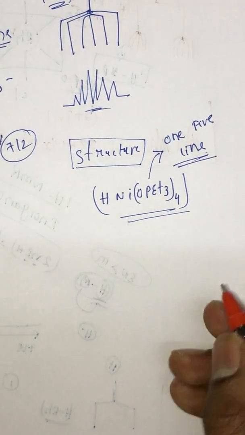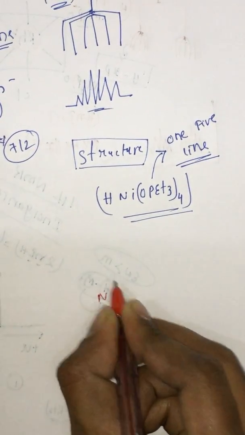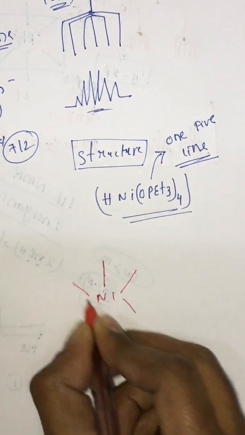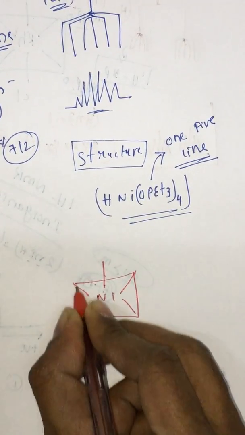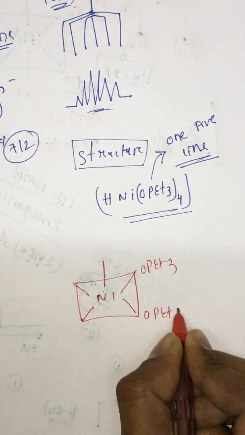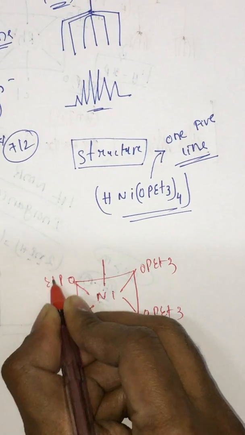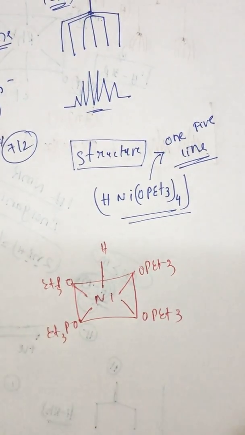But here there are two possibilities structure-wise. It can exist as a trigonal square pyramidal, like this, with P(OEt)3 groups and hydrogen. This is one possibility.